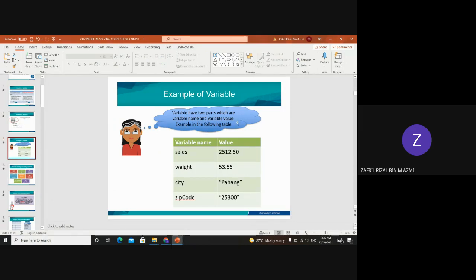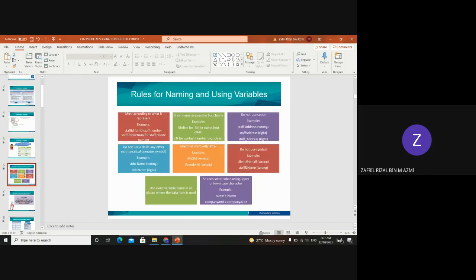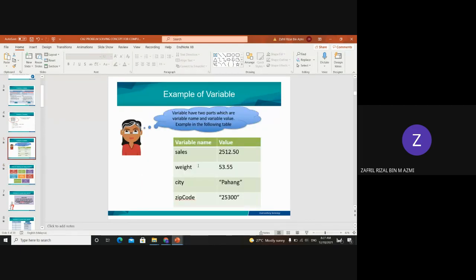Okay, this is some of the examples of variable names. Next important thing is how we design a name for a variable and constant. For that there are some rules that you need to follow. You cannot simply put any name for your variable.